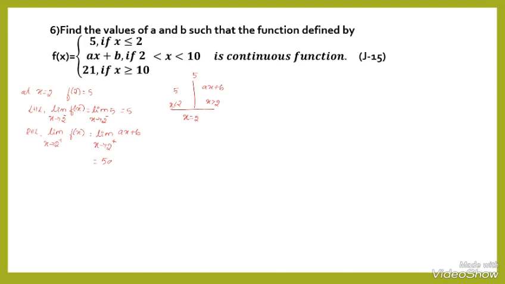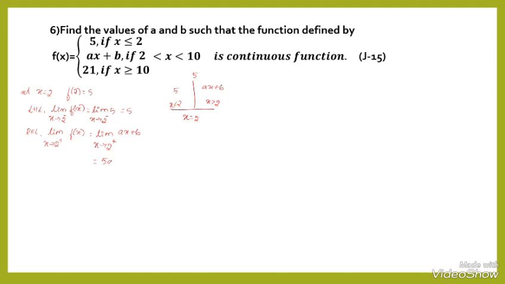By the definition of continuous function, we can say 2a plus b is equal to 5. That is equation number 1.